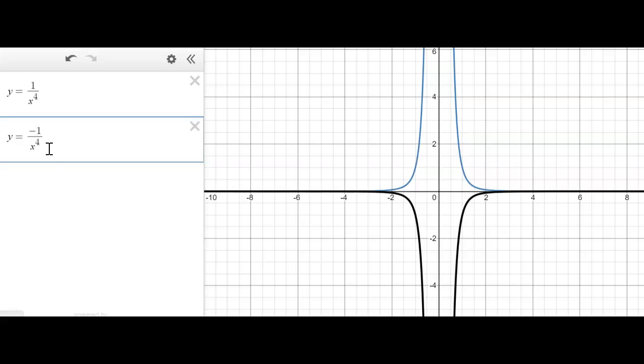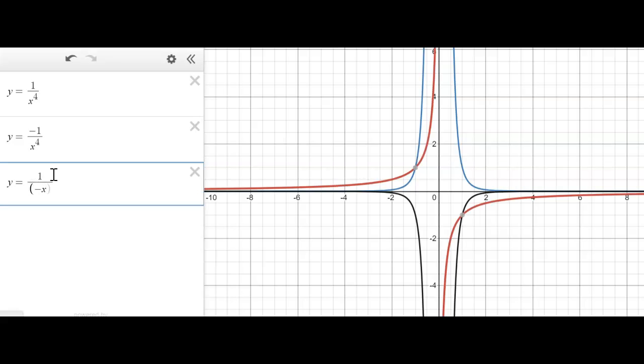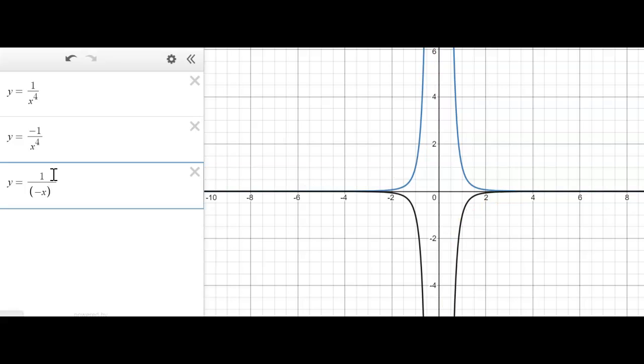There it is. And now if we do a reflection, so it's negative x, remember, and it's to the power of 4. So because it's an even power, it just stays the same as this blue. So you can see the blue and the red aren't the same.